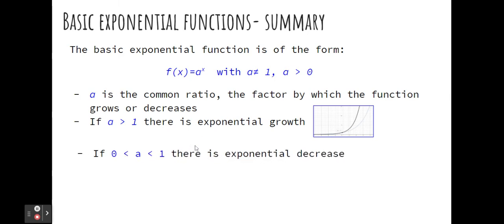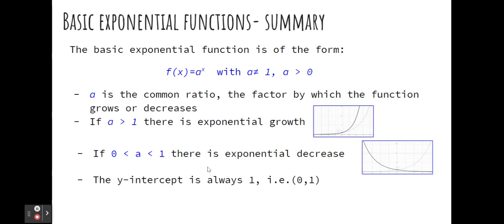If a is between 0 and 1, then we have exponential decrease or decay, as shown in this graph. The y-intercept is always (0, 1), regardless of the value of a, and the graph is always asymptotic to the x-axis. So these are the key characteristics of the basic exponential function, f of x equals a to the power of x. Thanks for watching.